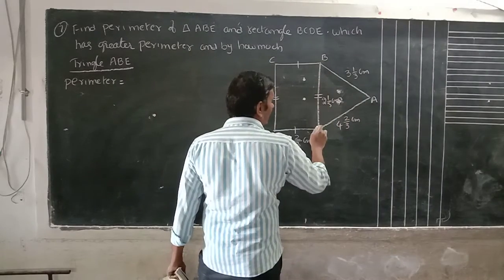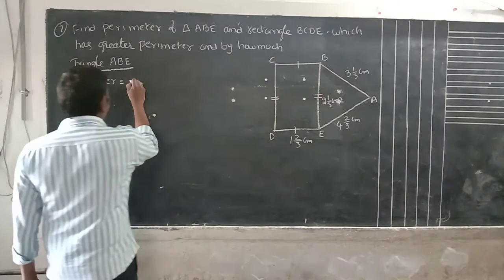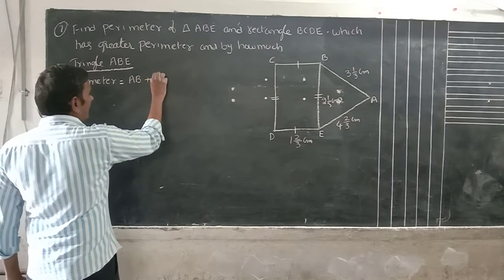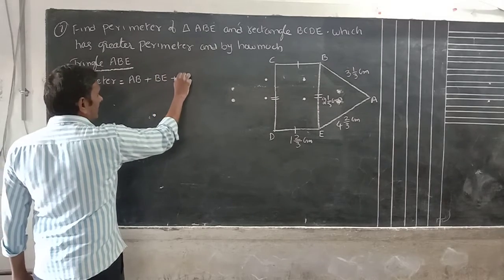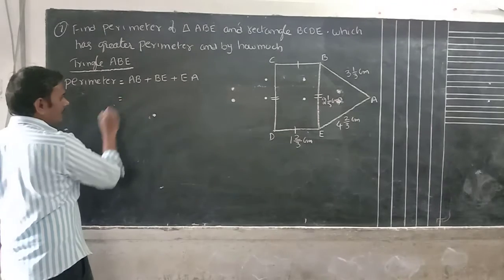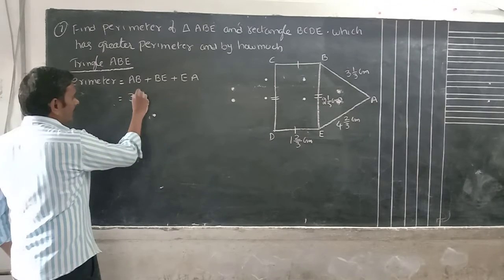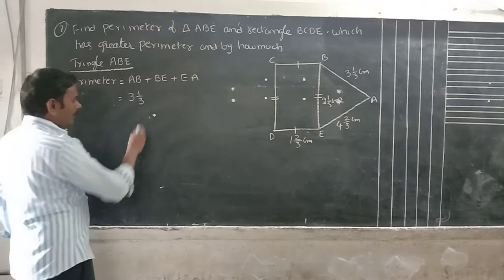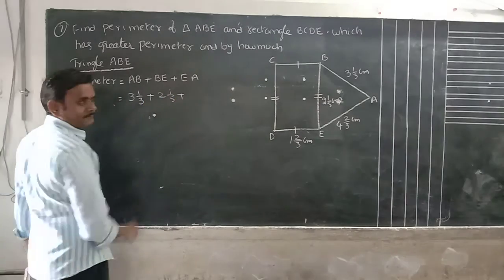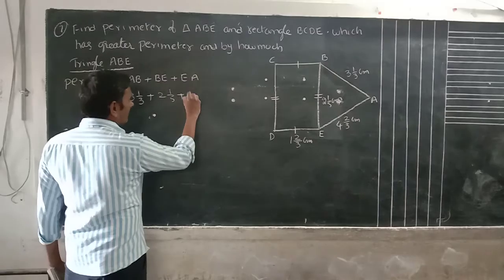AB, BE, EA. Those are here. These we want to add. Here now we add AB length 1 1/3 plus 2 1/5 plus 4 2/3.